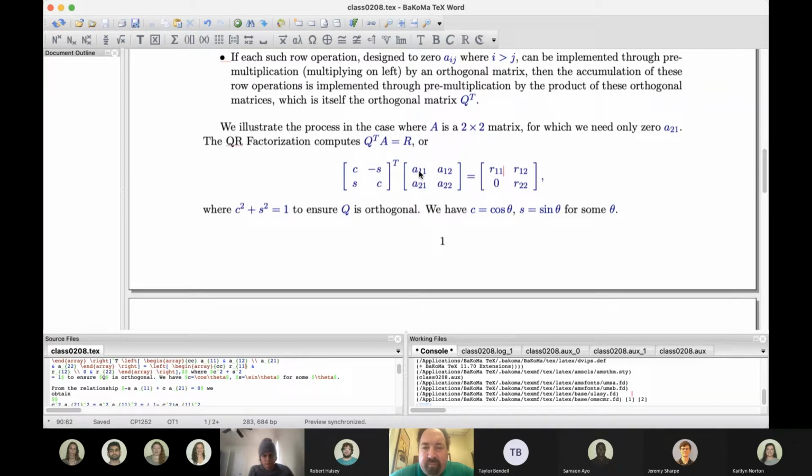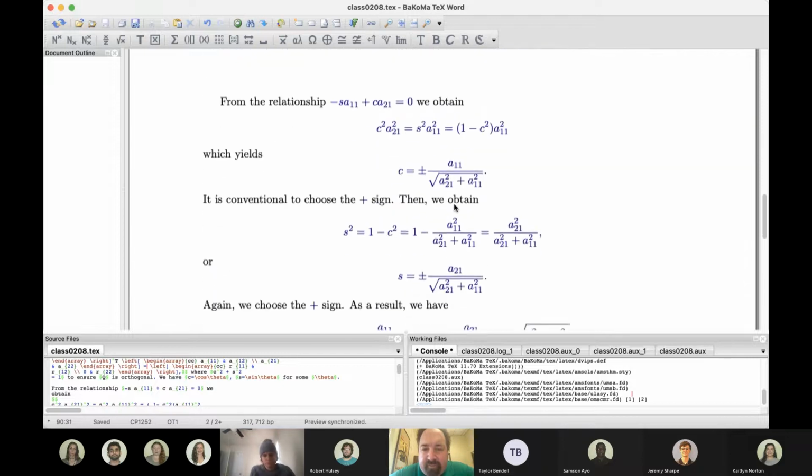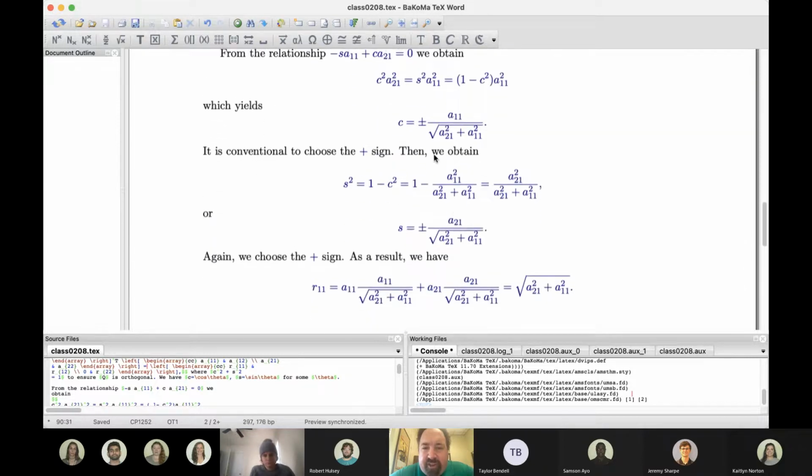Because I'm taking this column and multiplying it by an orthogonal matrix, which will preserve the Euclidean length. So all of the length ends up in this element, because the other element is being zeroed. So now I have a way of choosing C and S to reduce A to upper triangular form, and that's by choosing C and S this way, and choosing a plus sign.